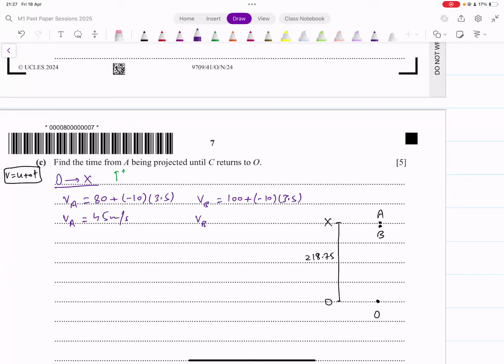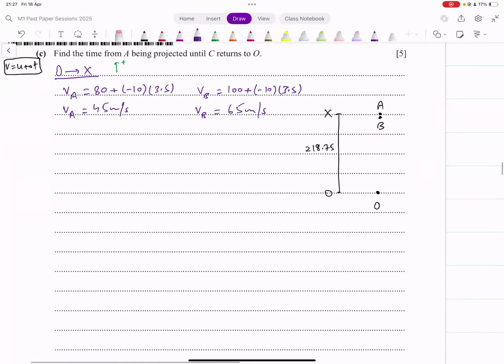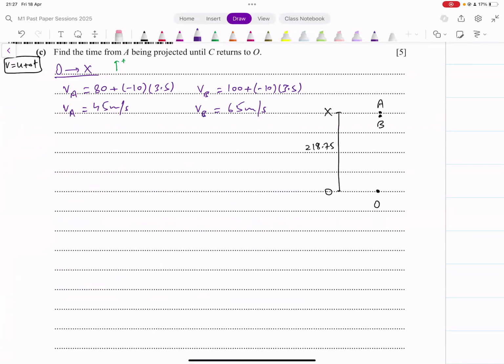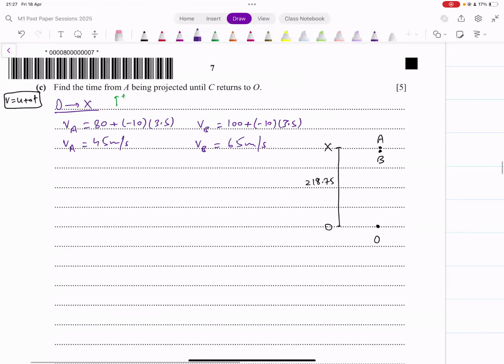And from the second one, we get 65 meters per second. So we know that before collision, A is moving upwards at 45 meters per second, and B is moving upwards at 65 meters per second. It's 75? Oh, okay, 75.